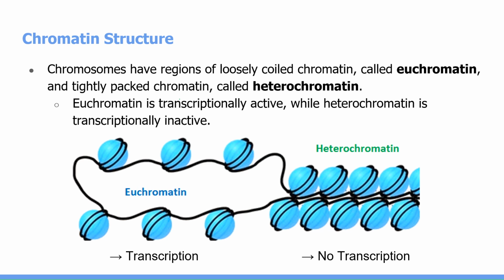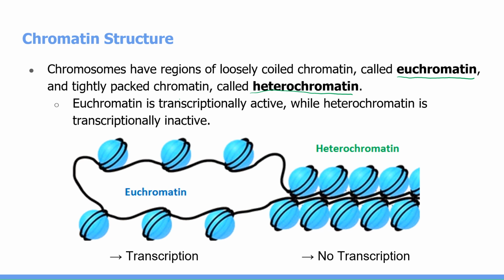So again, describing the chromatin structure, we have regions of the chromosome where the chromatin is loosely coiled and it's called euchromatin, and then tightly packed chromatin called heterochromatin. So their definition tells us a lot about their transcription ability.